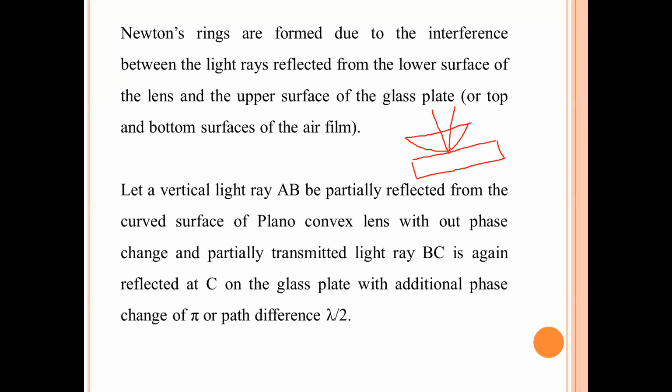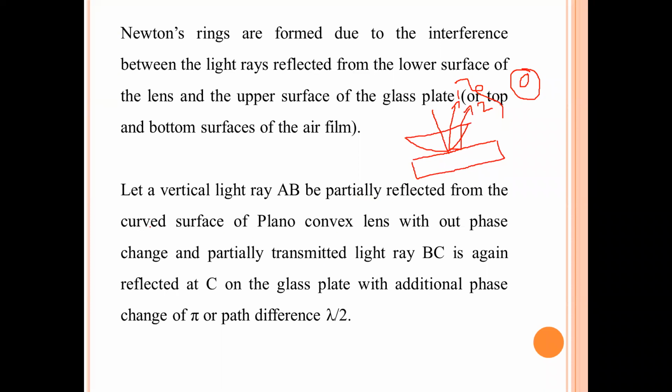This is ray 1 and this is ray 2. By the superimposition of these two rays, we get dark and bright rings. These rings we observe through a traveling microscope.